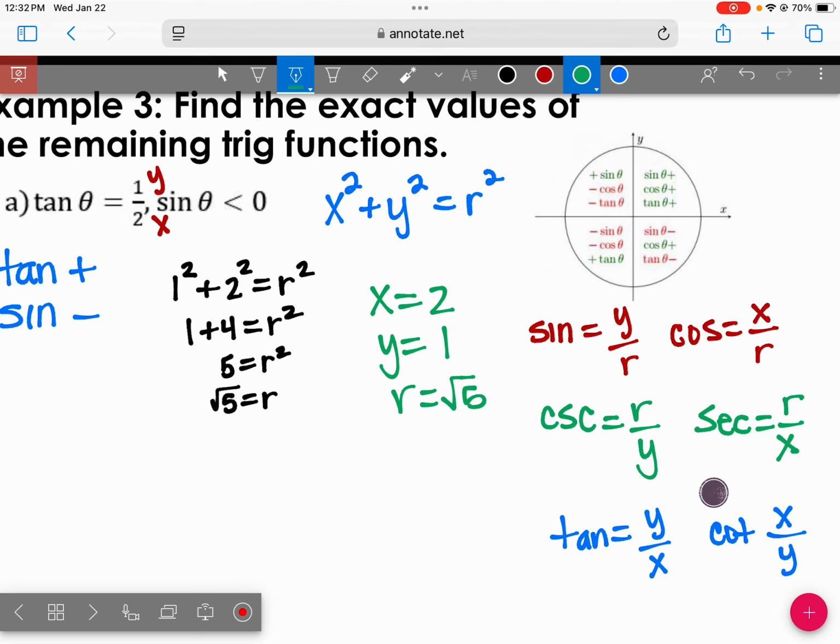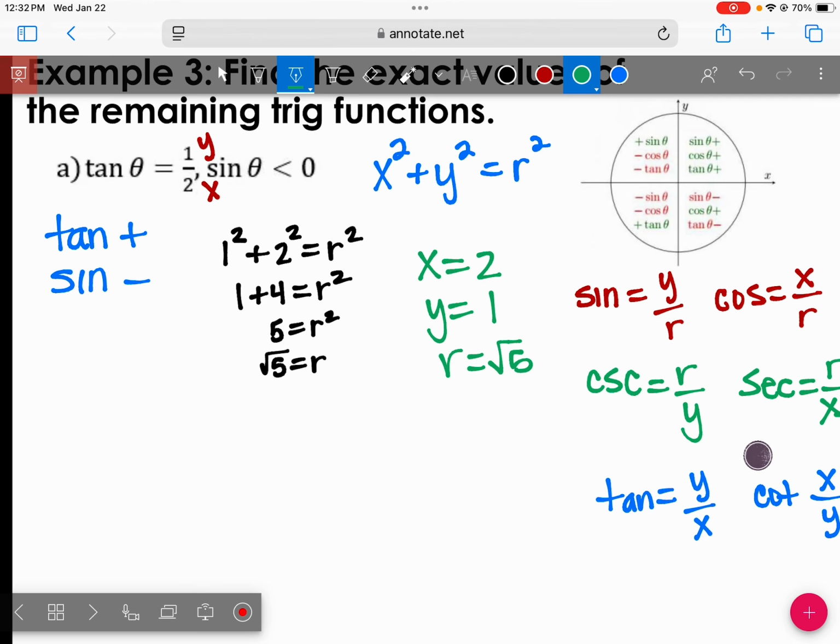So we're going to use those 3 sides to answer all 6. Will we need to memorize those rules? Yeah, you should kind of know those. Because we know that r is 1, so sine is y over 1, cosine is x over 1, which is x. And then you take the reciprocals.